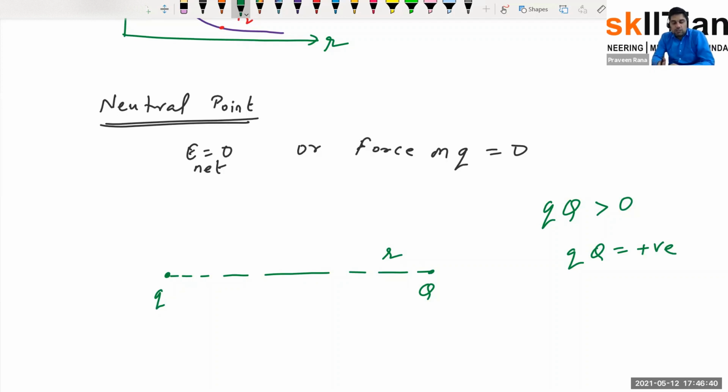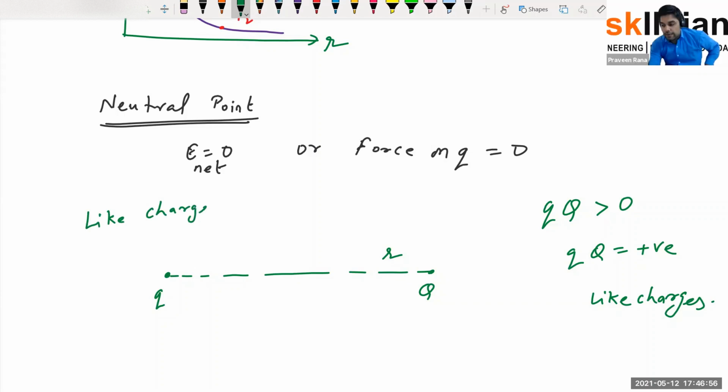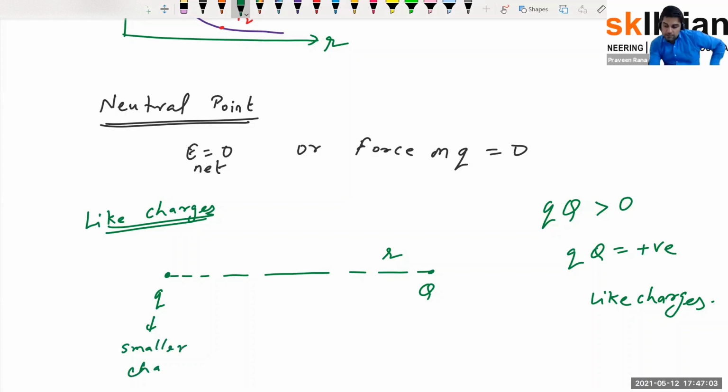So what kind of charges do you have? Like charges, right? So this is the condition of like charges. Let's just say we have two charges and both are like. So we have to find the value of a neutral point for like charges. Now, the small q represents smaller charge, that the magnitude of this charge is lower, and that one represents bigger charge.